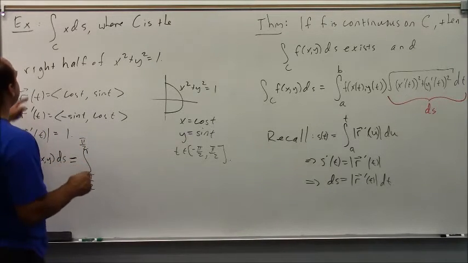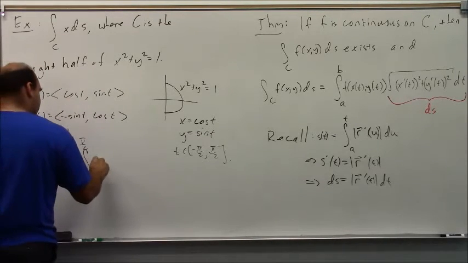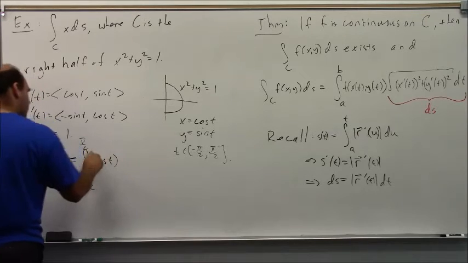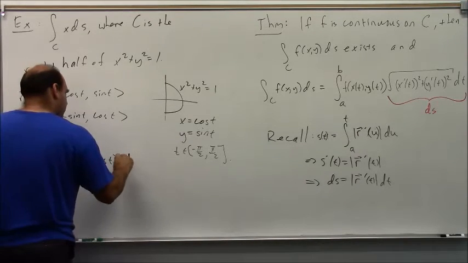My f is just x, so I'm just putting in x of t, that's cosine t, and then times ds, which is a 1 dt.